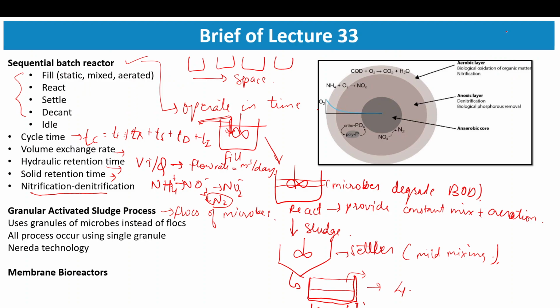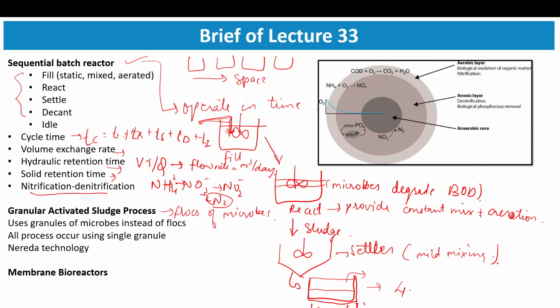Here, all the processes occur within a single micro granule. The first layer is an aerobic layer where degradation of organic matter occurs, and there will be nitrification if there is some nitrogen. Ammoniacal nitrogen will be converted to nitrates and nitrites, and they can be eliminated from water.